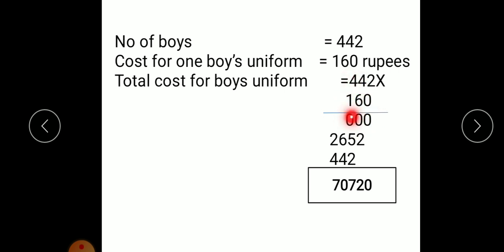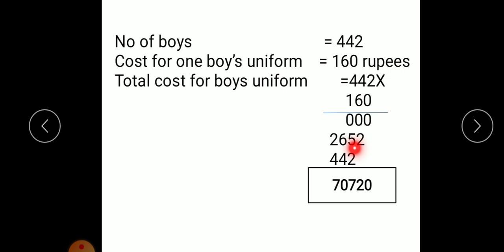In the second step, multiply from the tens place, that is 6. So 6 twos are how much? 6 twos are 12. So write 2 here, 1 is remaining. 6 fours are 24. 24 plus 1 remaining in our hand, that is 25. So write 5 here.